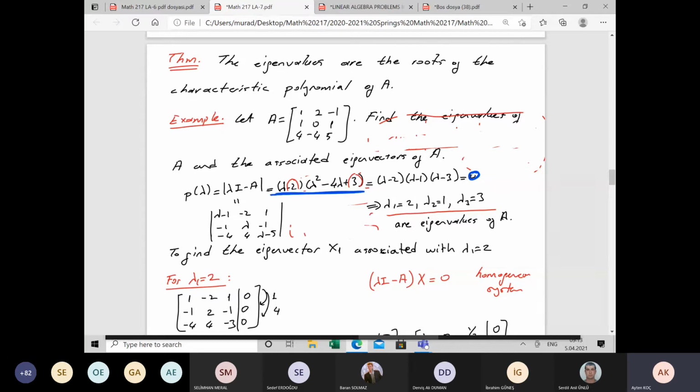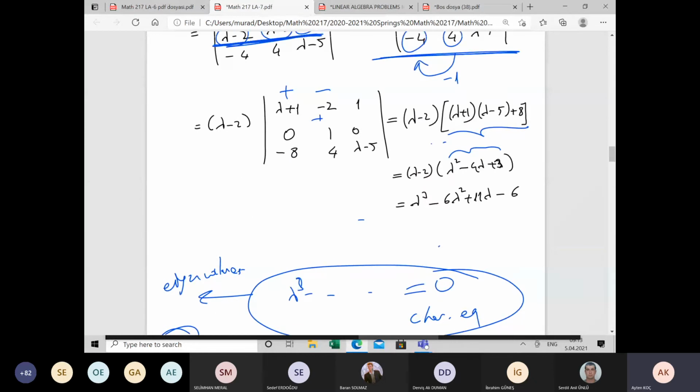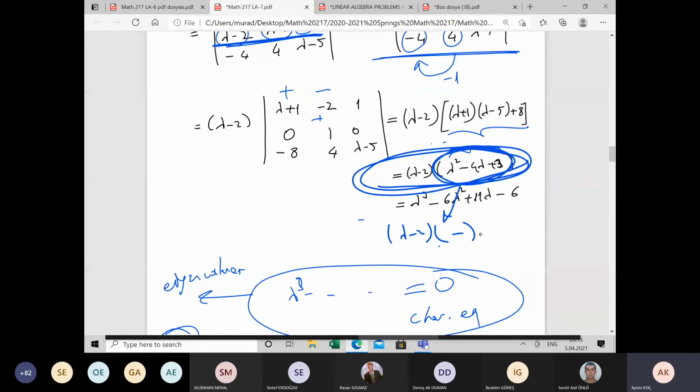So we obtain the other eigenvalues. Fine. We have all the eigenvalues: 2, 1, and 3 are the eigenvalues of A.